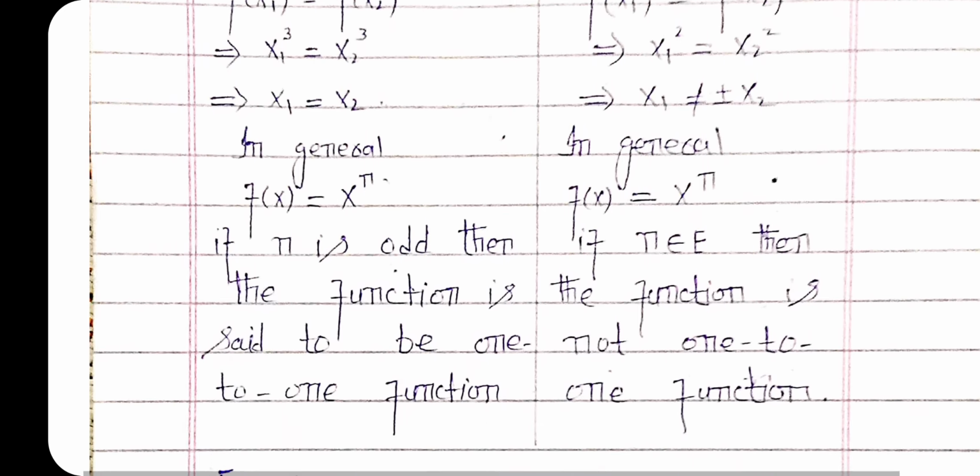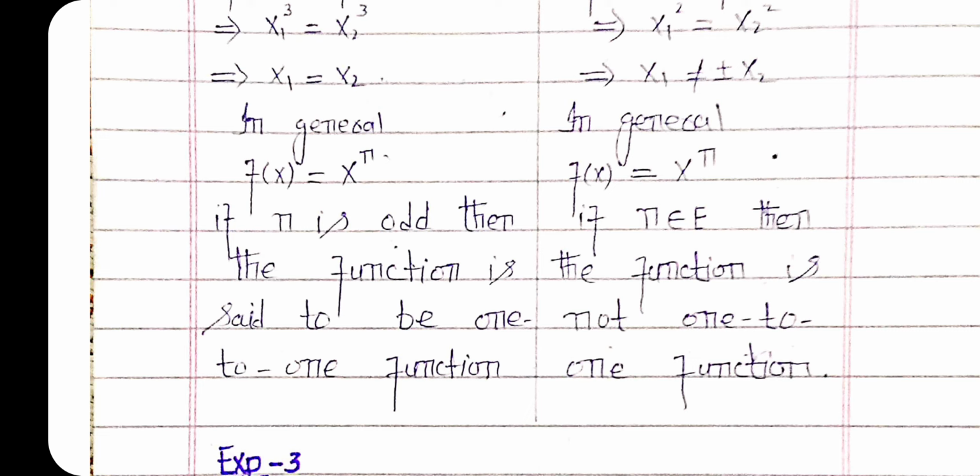We have a conclusion: if f of x is equal to x raised to the power n, where n is odd, then the function is said to be a one-to-one function. If n is even, then this function is not one-to-one, because in the case of even powers we have the same image for two different elements, like -2 and 2 have the same image 4.